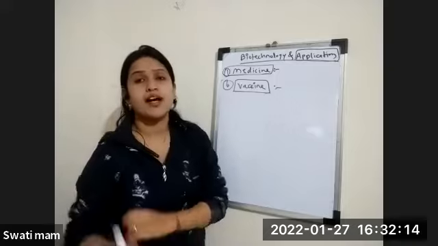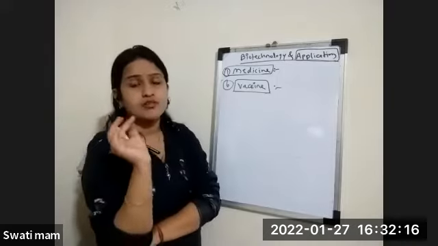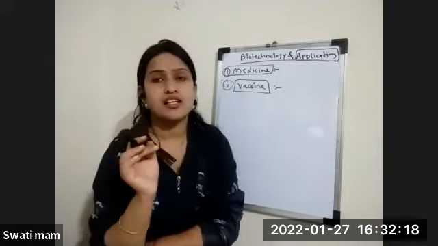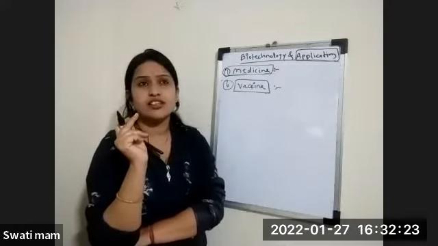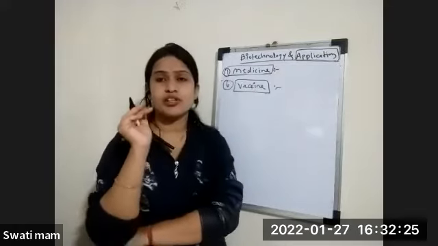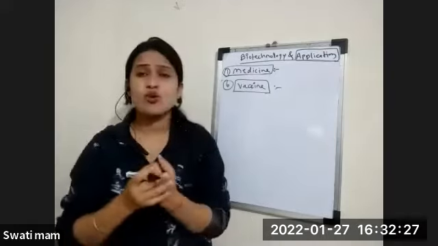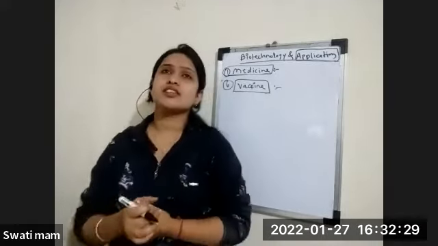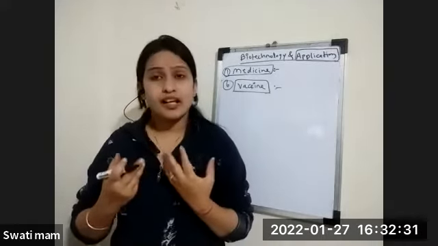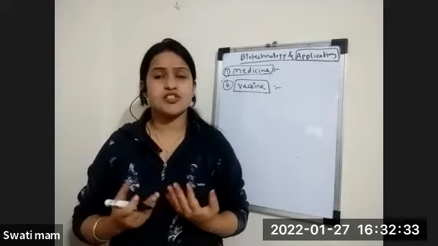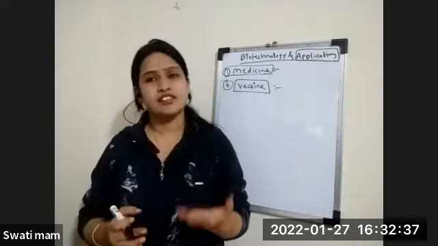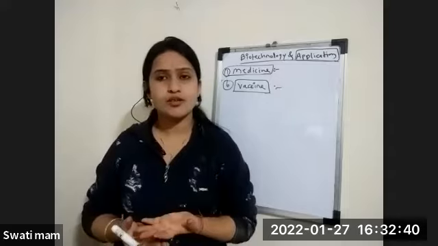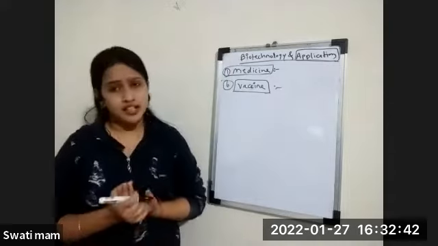Now what is meant by active acquired immunity? If you have done the chapter Human Health and Diseases, in that chapter certain types of immunity are given. Immunity is one of the mechanisms inbuilt within your body to fight against certain pathogens or microorganisms.